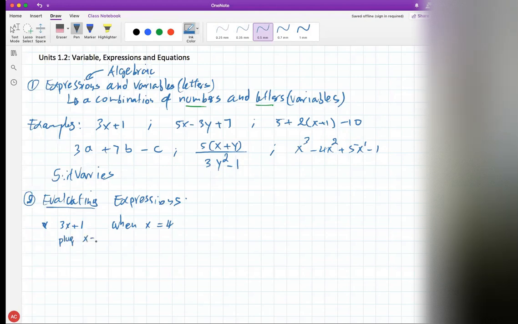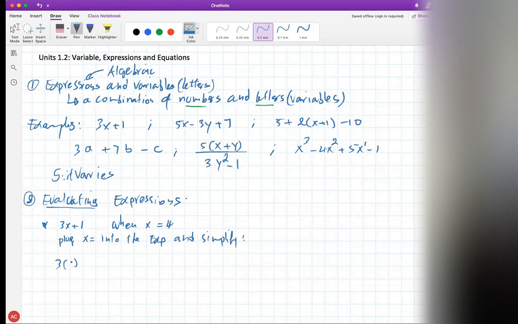So what we do is we plug X into the expression and simplify it. Which means we're going to take this expression. So 3x means 3 times x.